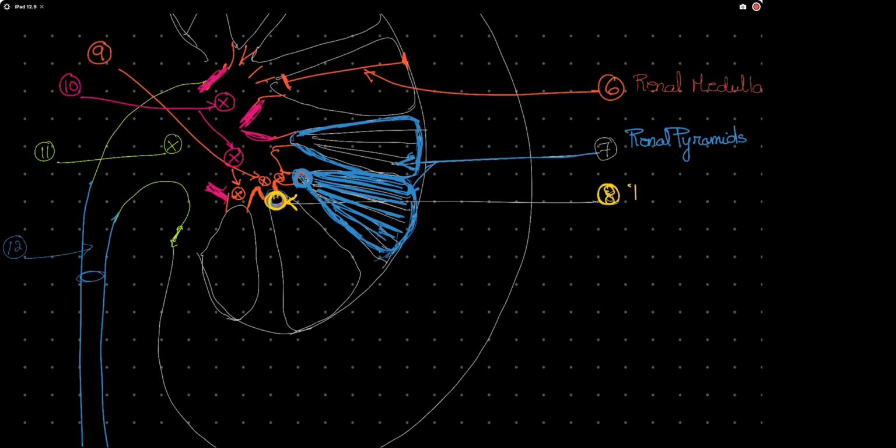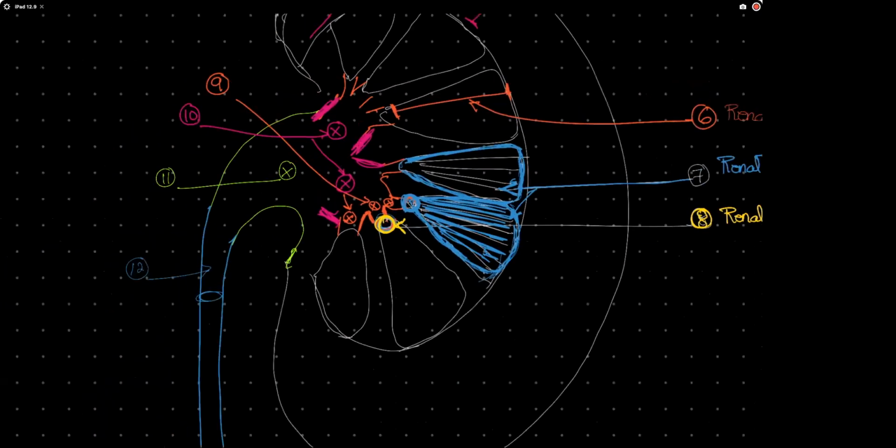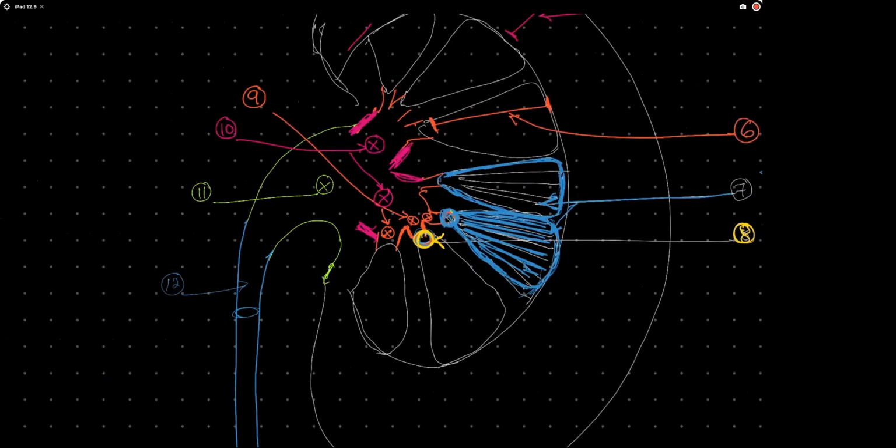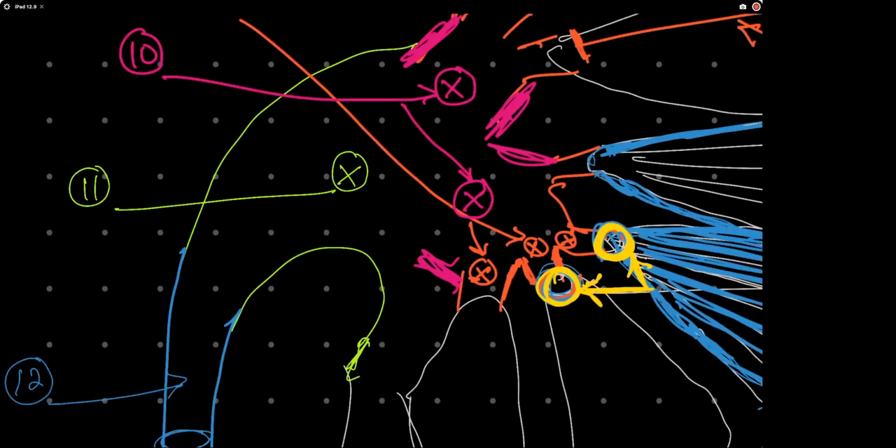So this is going to be my renal papilla. Remember, the renal papillae will carry the urine to small ducts marked here in orange.